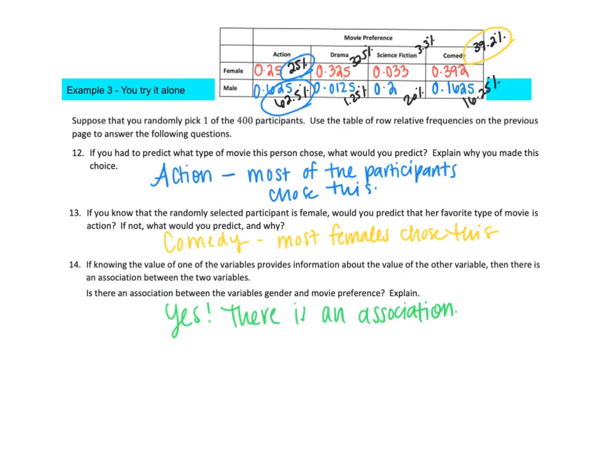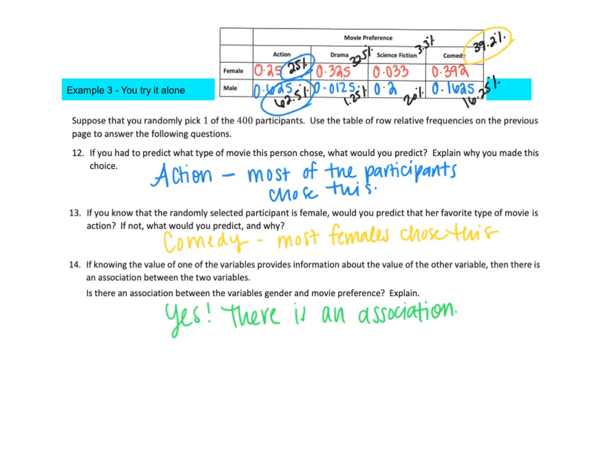And the reason there's an association is because our frequencies are different, right, for males and females. And so that does give us insight about what a male might choose versus what a female might choose. Okay? So these variables are associated.